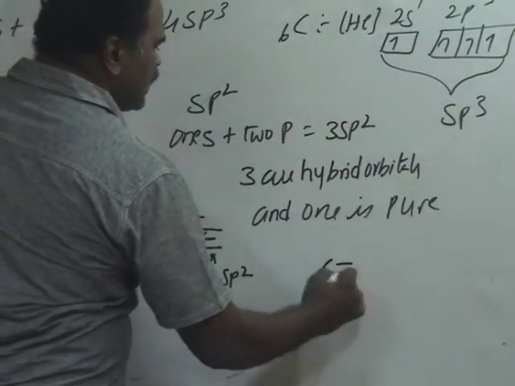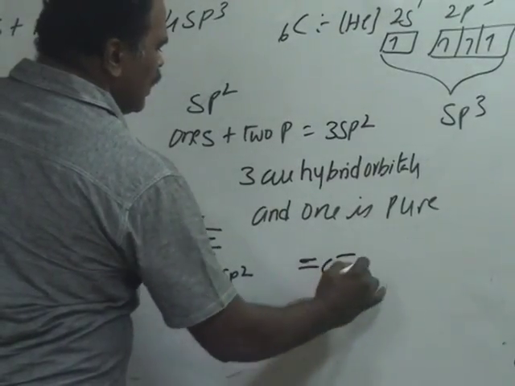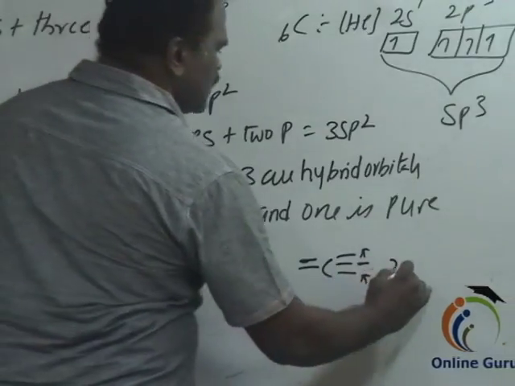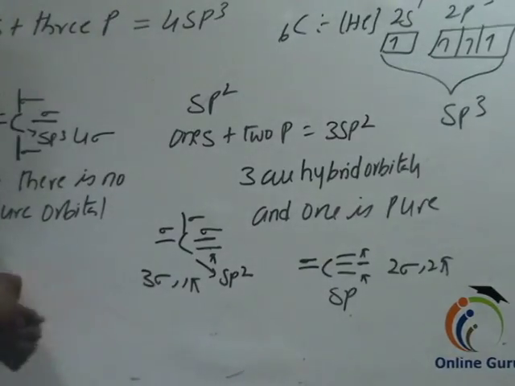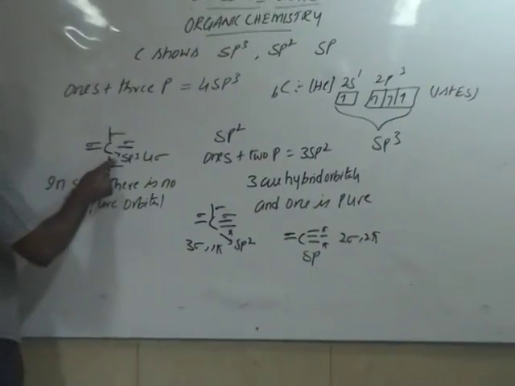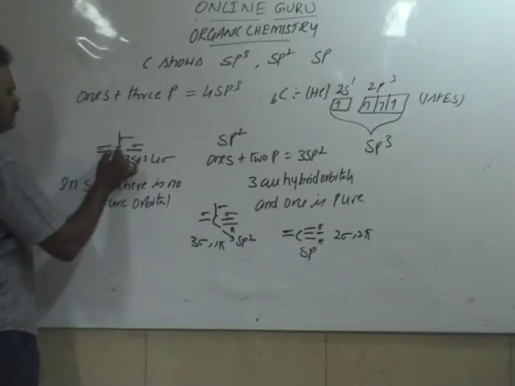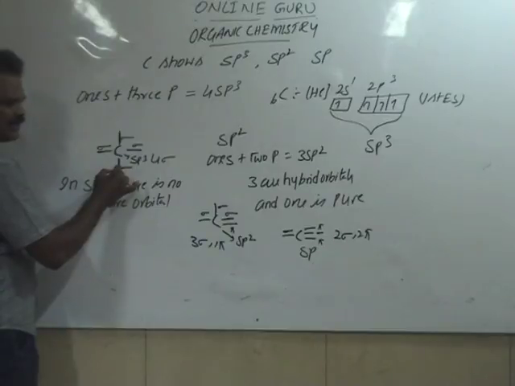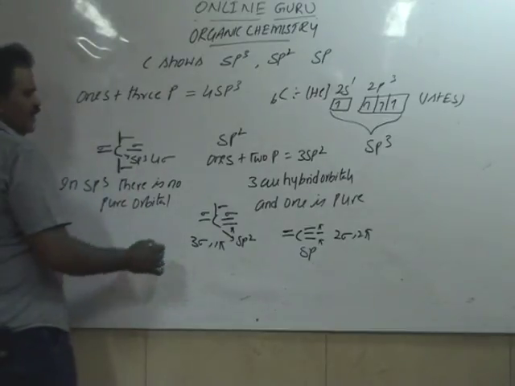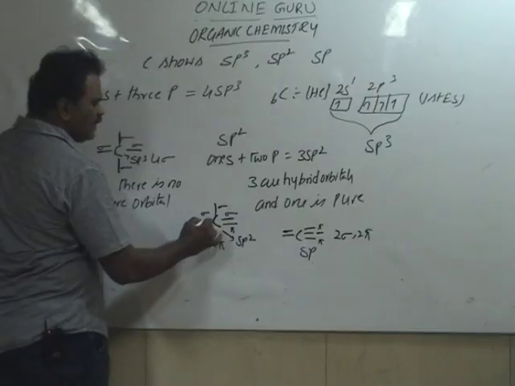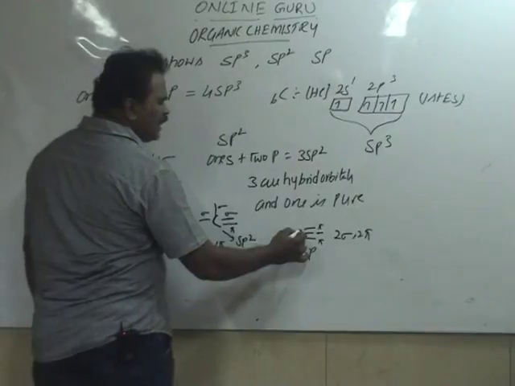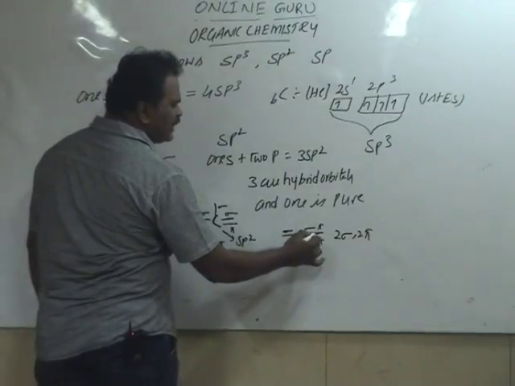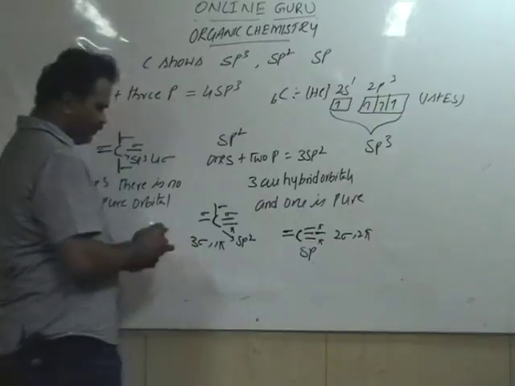If the carbon atom is surrounded by 2 sigma and 2 pi, the carbon is called sp. So the carbon surrounded by 4 sigma bonds is an sp3 carbon atom, the carbon surrounded by 3 sigma and 1 pi is an sp2 carbon atom, and the carbon surrounded by 2 sigma and 2 pi is sp.